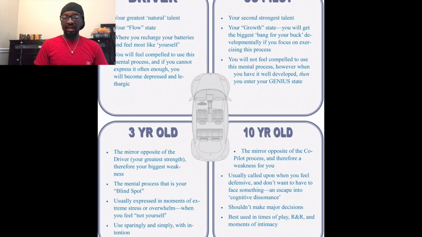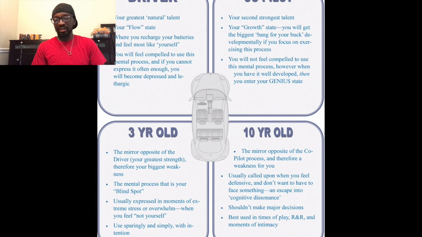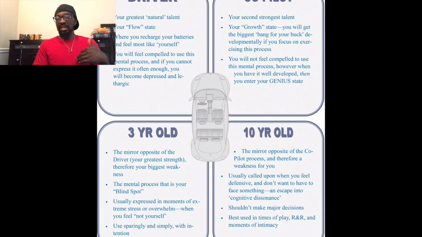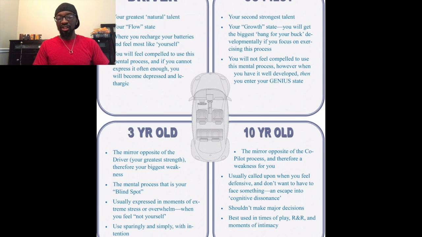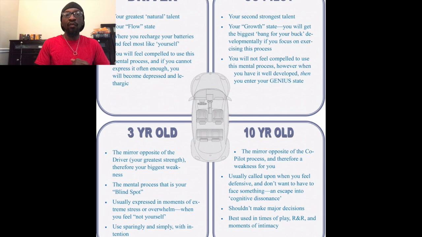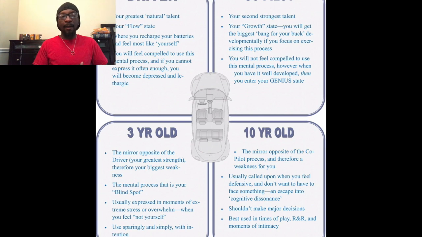Then right after that, bottom left, the last one, which is your inferior function, or your 3-year-old position or function. This is the mirror opposite of your driver, which is your greatest strength, and therefore this is overall the area of your greatest weakness.